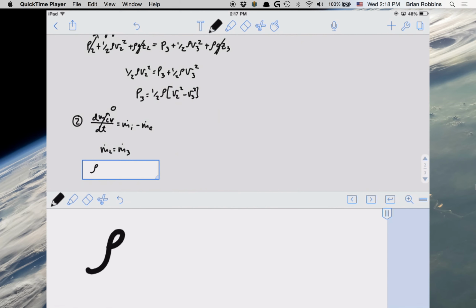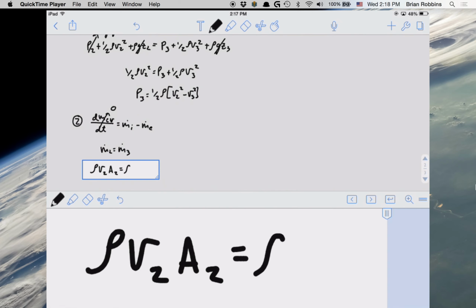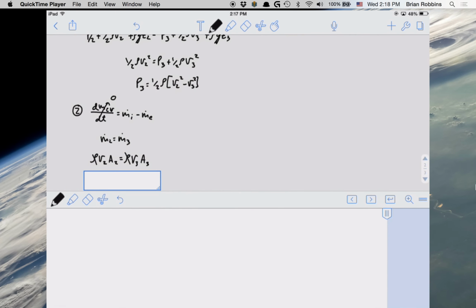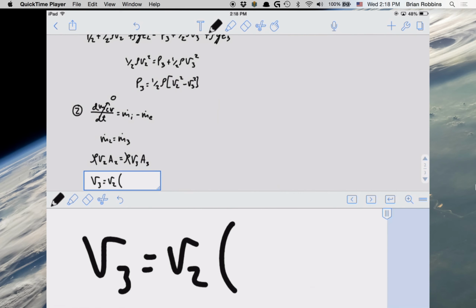So we have rho v2 A2 is equal to rho v3 A3. We have an incompressible substance, so our densities will cancel out since we have constant density. And we can solve for v3, which is just going to be v2 times the ratio of our areas.